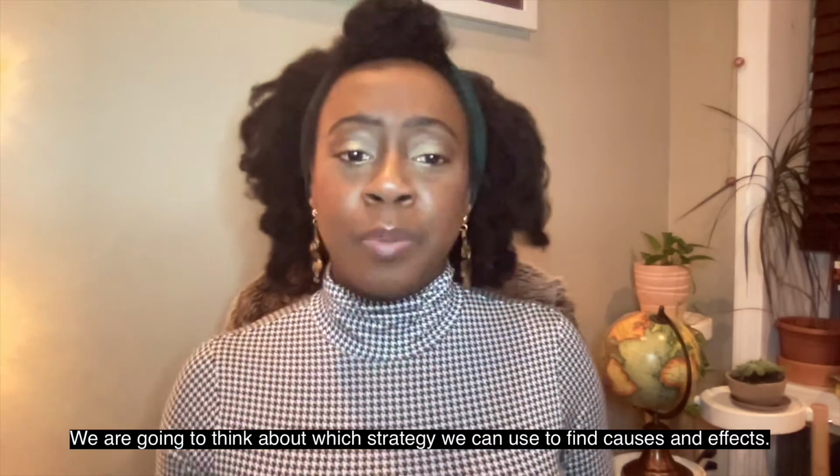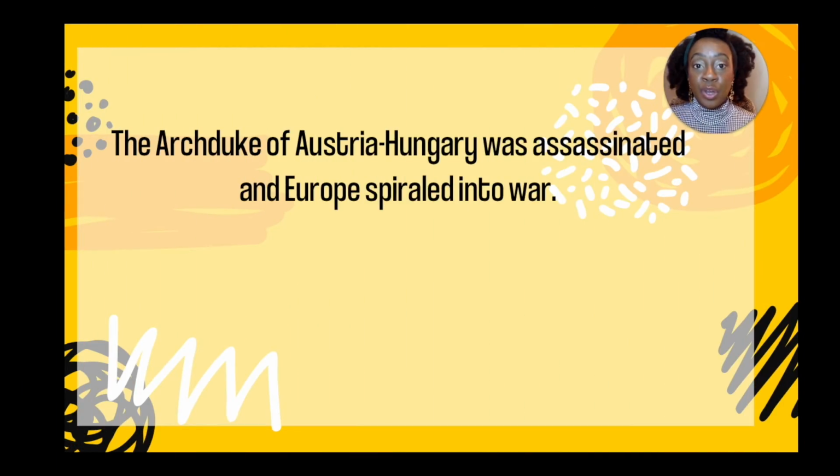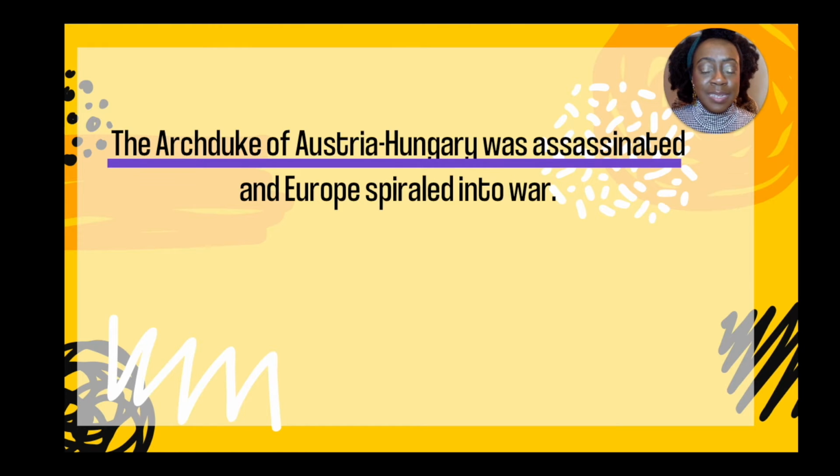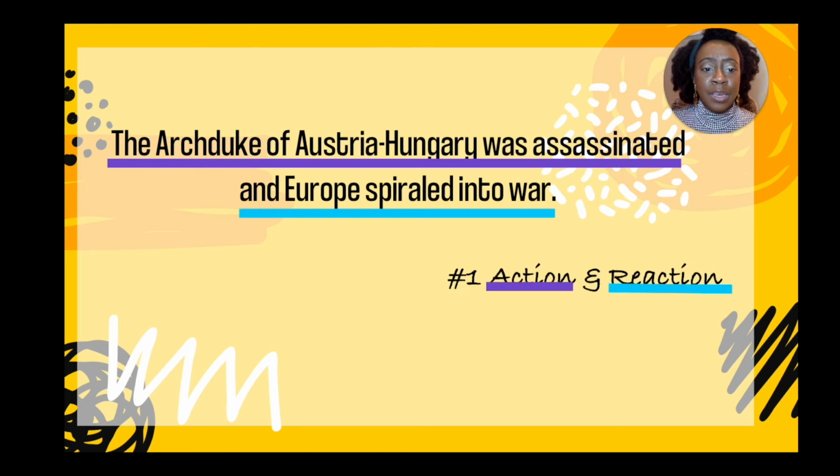Okay, let's practice. We have the sentence, the Archduke of Austria-Hungary was assassinated and Europe spiraled into war. I'm noticing that the Archduke of Austria-Hungary was assassinated. That sounds like an action, and Europe spiraled into war sounds like a reaction.